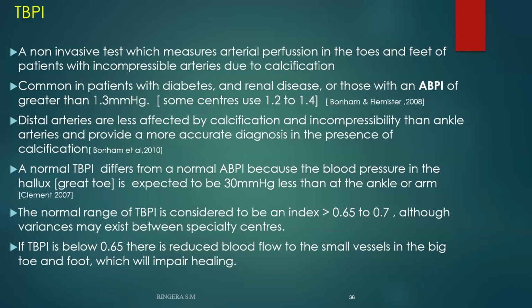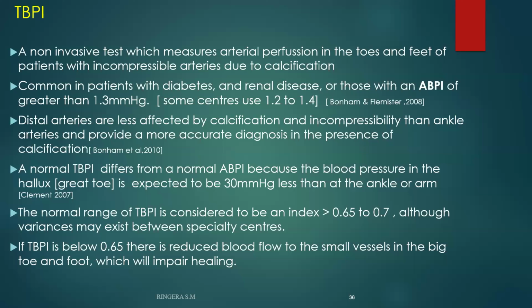A normal toe brachial pressure index will differ from a normal ankle brachial pressure index because the blood pressure in the toes, or the great toe if the patient has one, because we have seen most diabetic patients coming with some toes missing, is expected to be at least 30 millimeters of mercury less than at the ankle or arm.